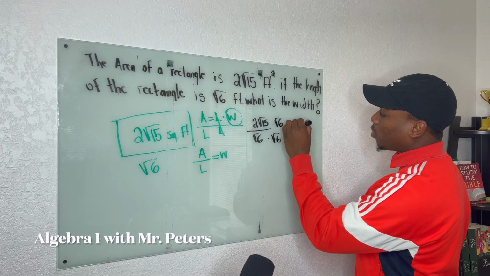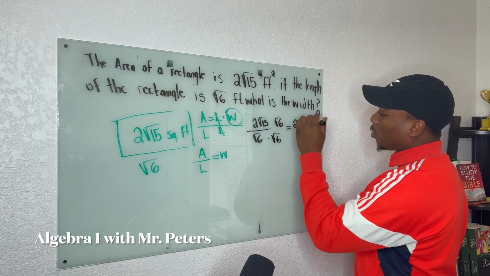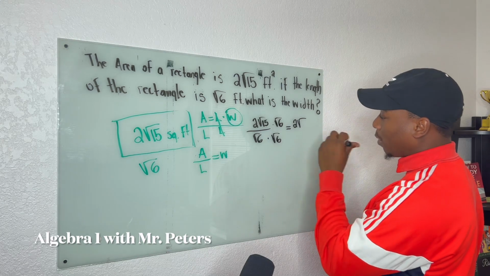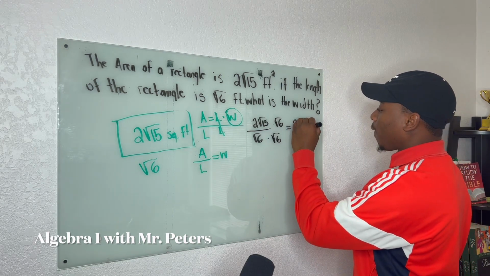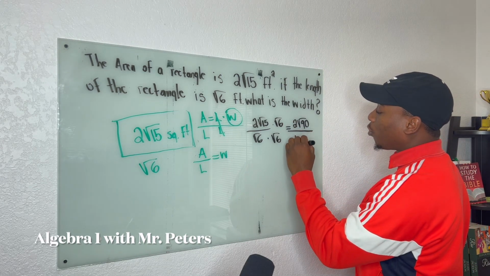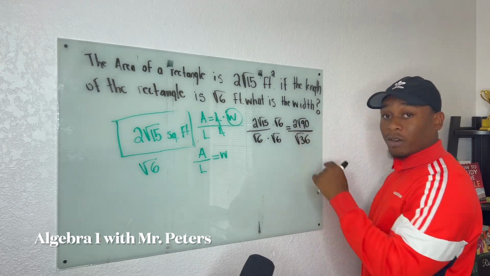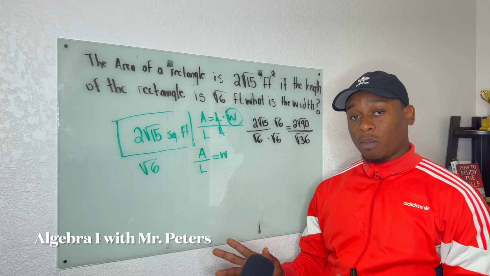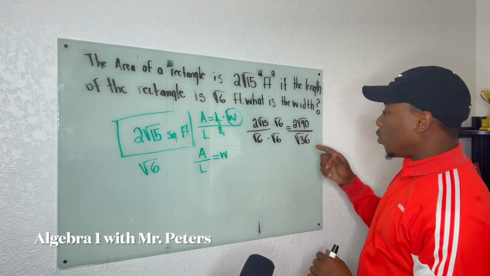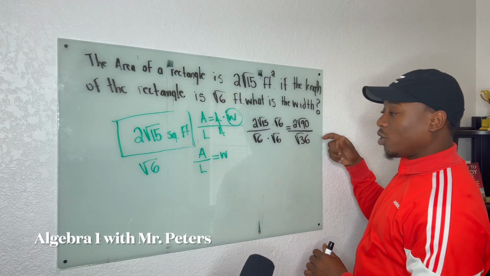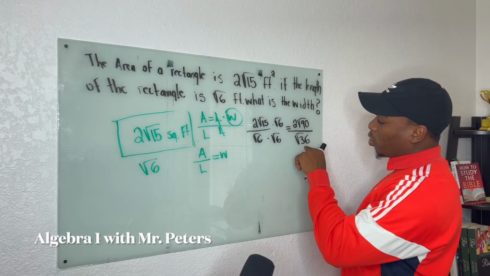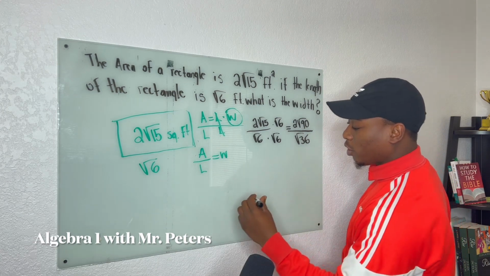So now we're going to have 2 radical, let's see, I believe this is 90, all over radical 36. So let's just focus right here, guys, because we're going to clean this problem up. So what we need to do is understand that we're going to break both of these radicals down. So we know that 36 is just 6, right?